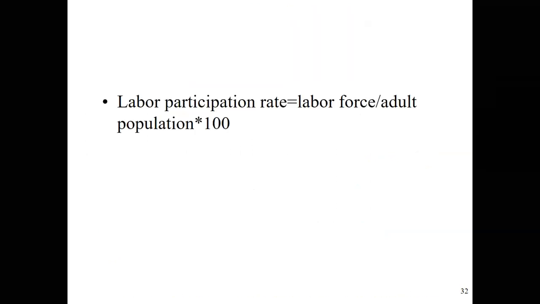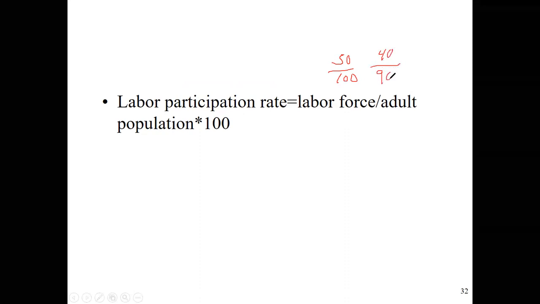Okay. Labor force participation is the labor force over the adult population. And again, I would do the same thing if they gave me an example. So if it's like 50 over 100, the labor force is 50 over 100, that would be 50%. And say 10 people became discouraged, that would make it 40 over 90.